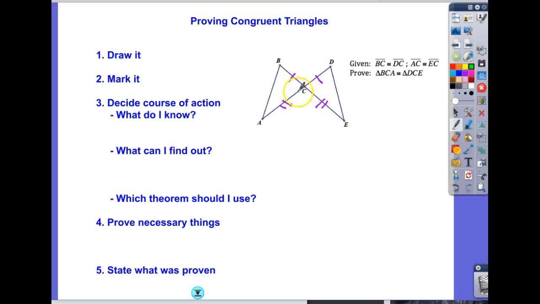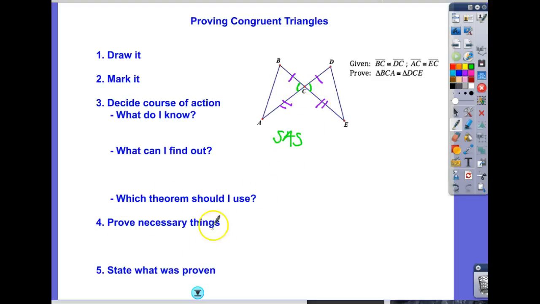Well, I know that vertical angles are congruent. So that's important, and then you can say, which theorem should I use? If I have these vertical angles, then those are going to be congruent by side, angle, side: 2 corresponding sides congruent, an angle, and then 2 more sides.